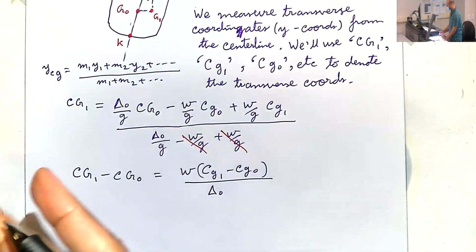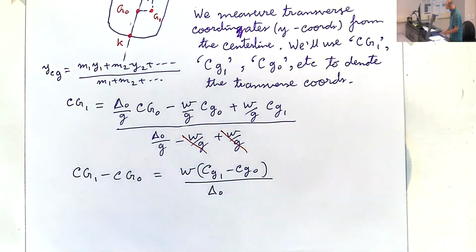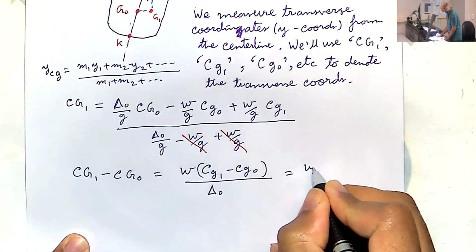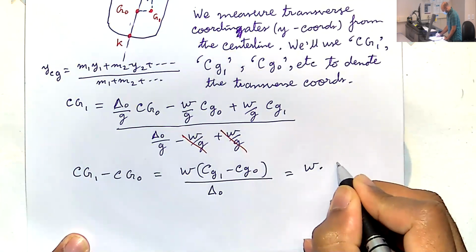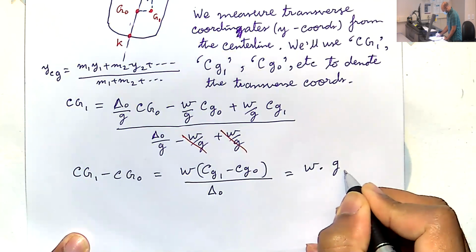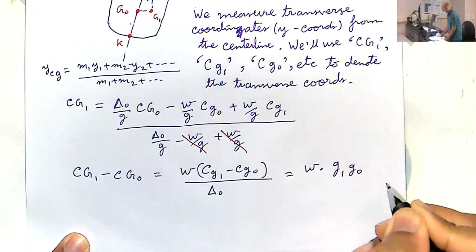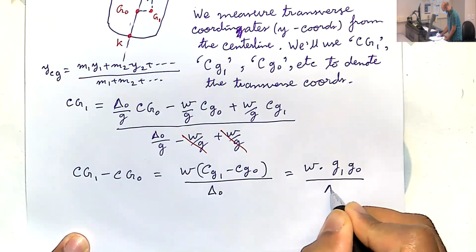The g's cancel. I've just rearranged things. Okay, and what is this? This is W times G1 G0 divided by delta 0.